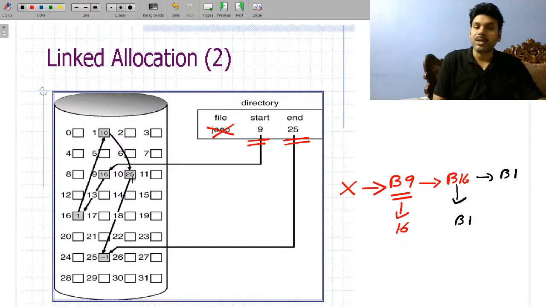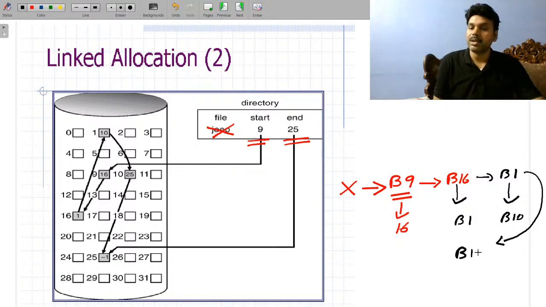From block 1 it is going to block 10, so I write a pointer here that 10 is the next link. Then you go to block 10 and see whether it has a null pointer or provides a link to others. From block 10 it points to block 25, so I write a link that block 25 is next.